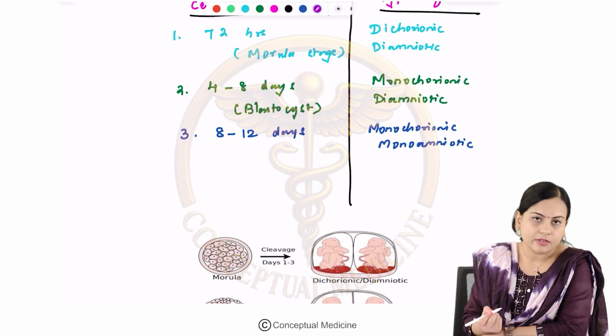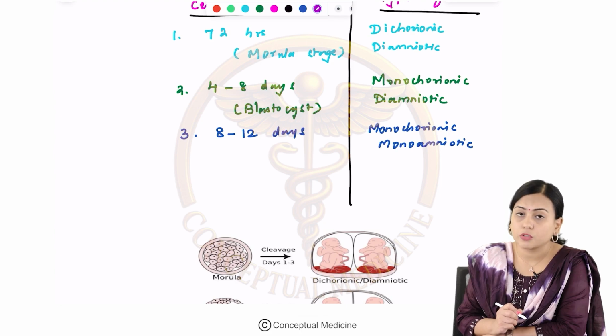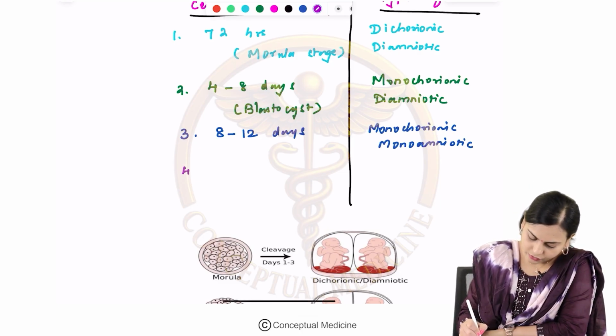Suppose if due to any reasons the cell division happens more than 12 days, then it will be monochorionic monoamniotic, but it will be conjoined twins, right? Okay. So more than 12 days.